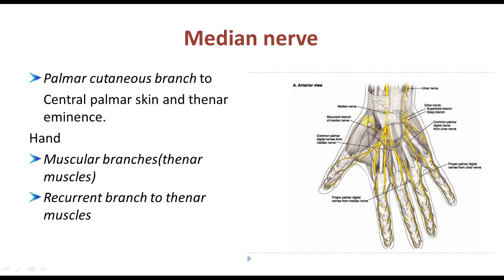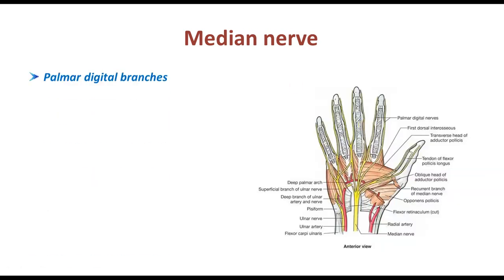So recurrent means it travels in the reverse direction. So it turns backwards to supply the thenar muscles, that is your flexor pollicis brevis, abductor pollicis and opponens pollicis. So that is about the recurrent muscular branch to the thenar muscles.